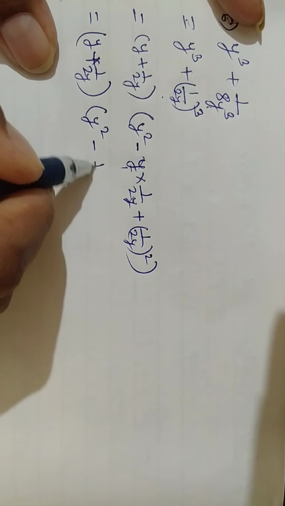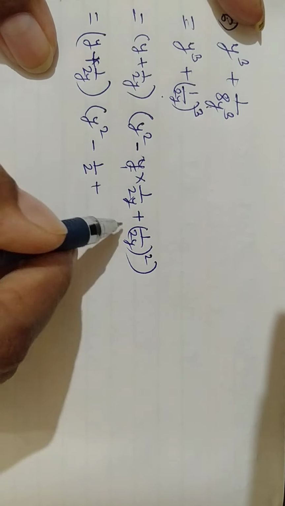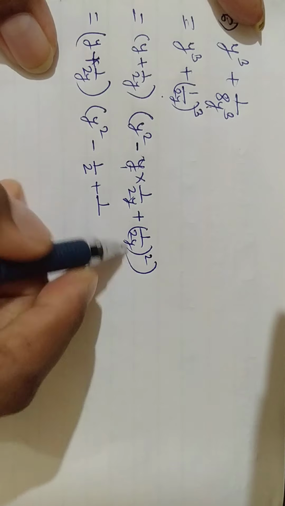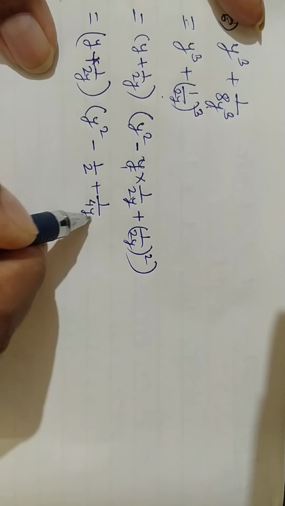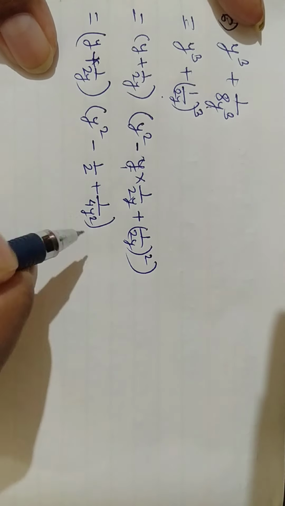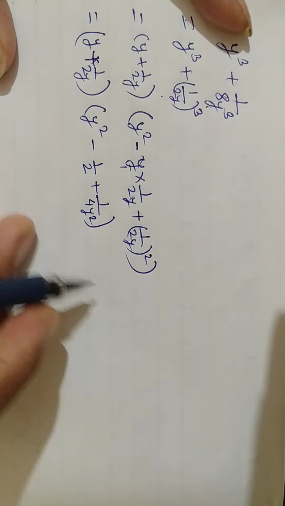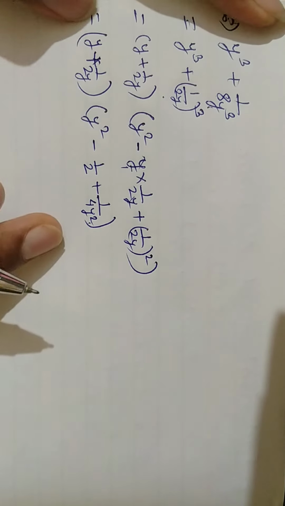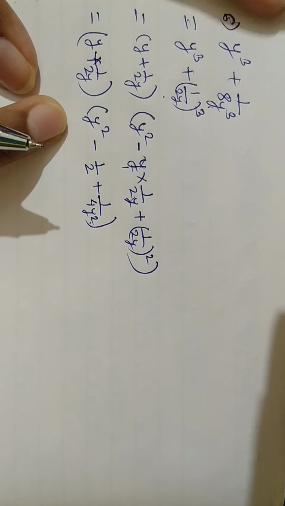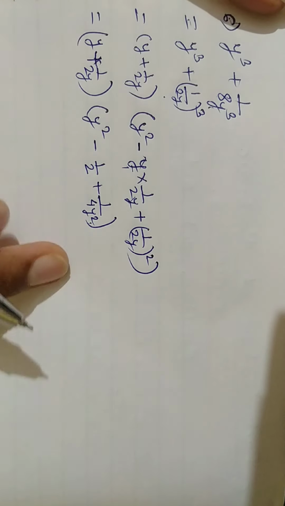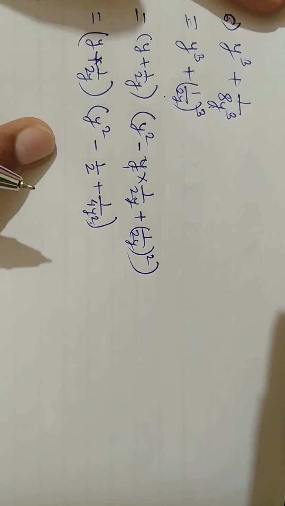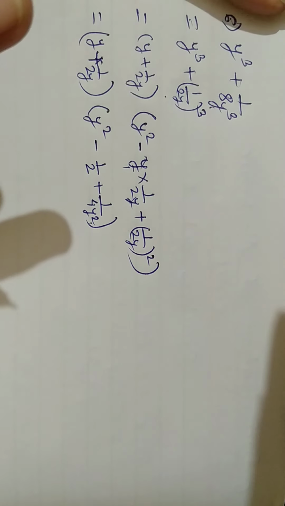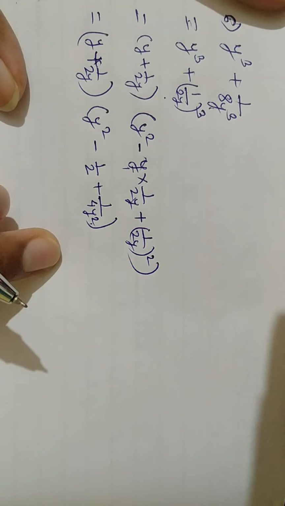So minus 1 upon 2 plus 1 upon 2 square, 4y square. This is your answer. Now in this way, this sixth one I have solved, the 7th and 8th are like this only, and the remaining all you can solve first.